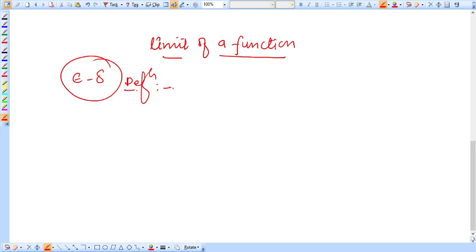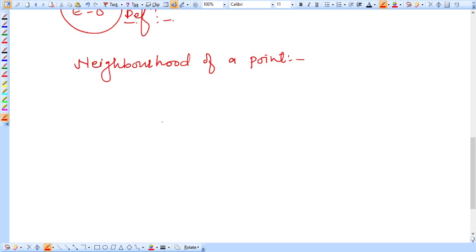In order to understand the epsilon delta definition, you should know what is the neighborhood of a point, because neighborhood will be playing a key role in this definition. So let us understand what is the neighborhood of a point first.